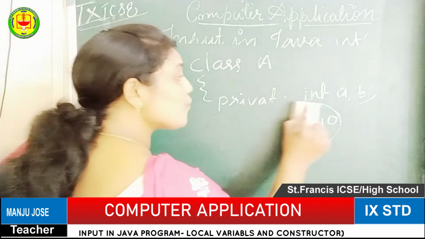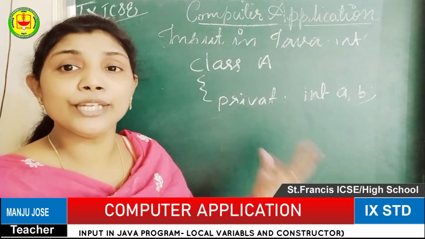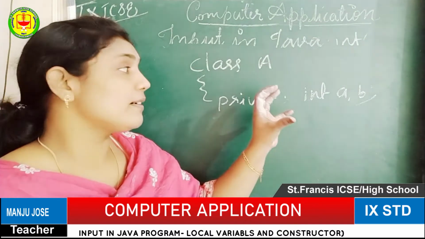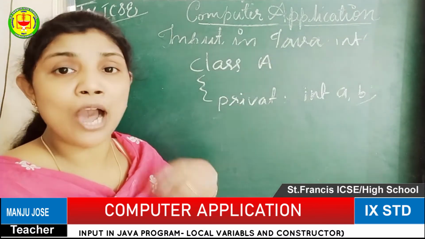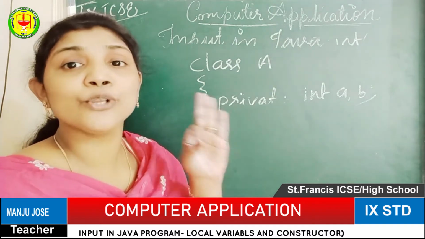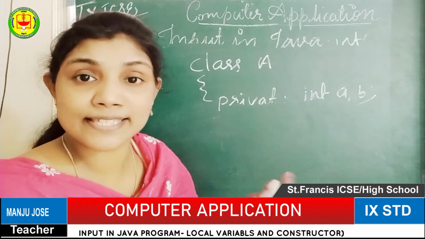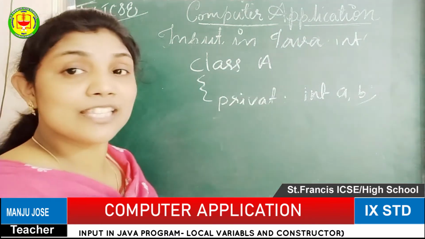First of all you have to declare the variables you need to use in the programming. After declaring the variables, you have to create one constructor, and through the constructor you initialize the variables.